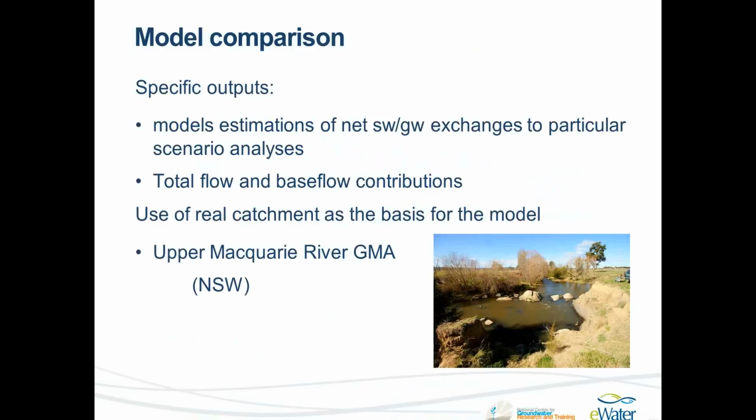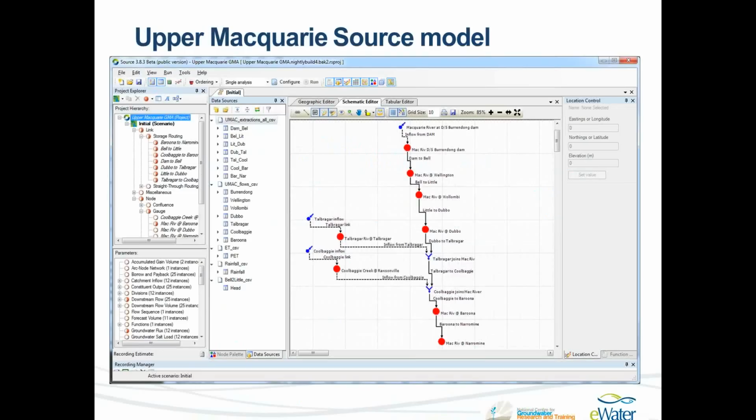At the moment, the model looks like this in Source. It's a fairly simple setup. I've got all the gauge stations, and for all the links there are different ways of implementing the groundwater part.